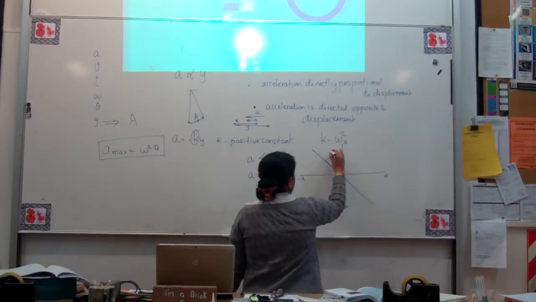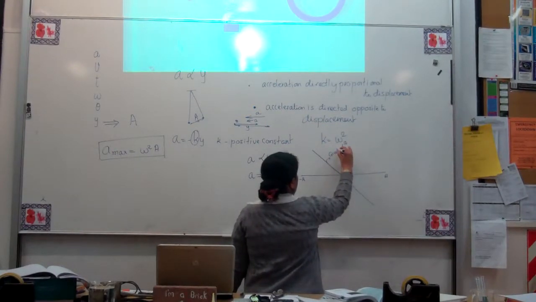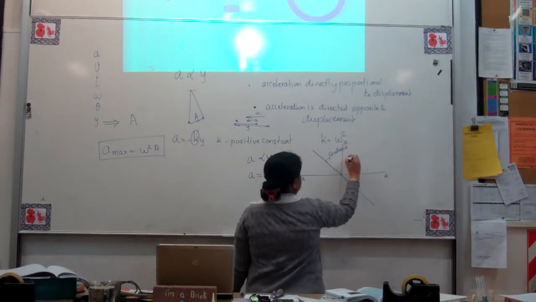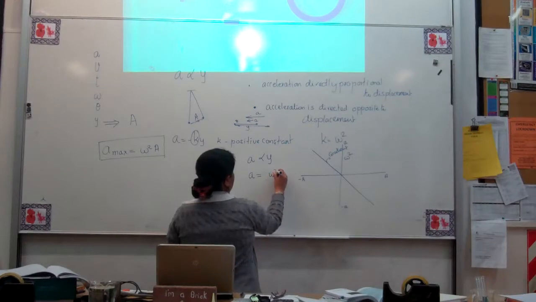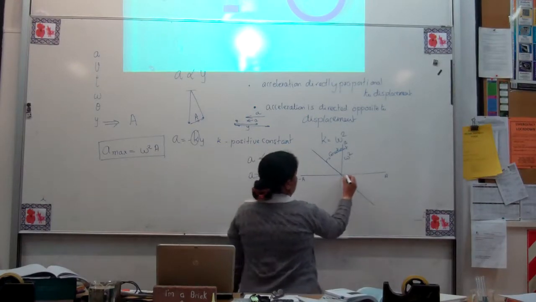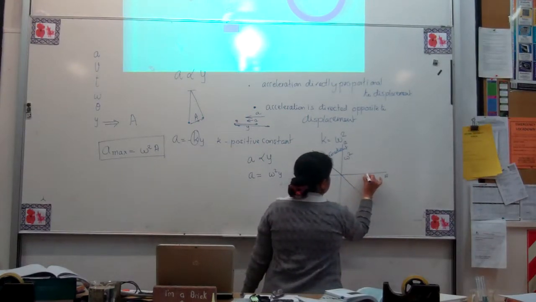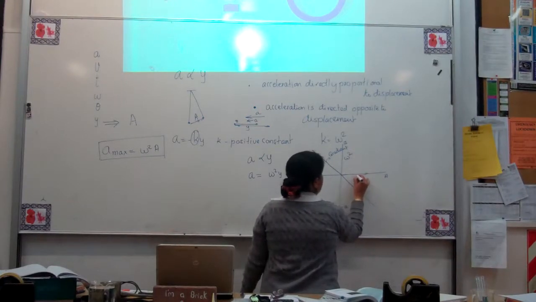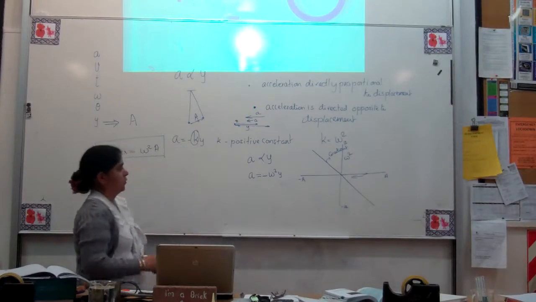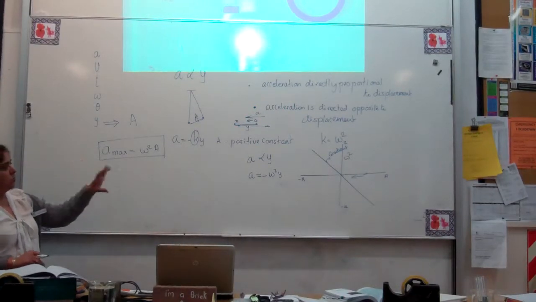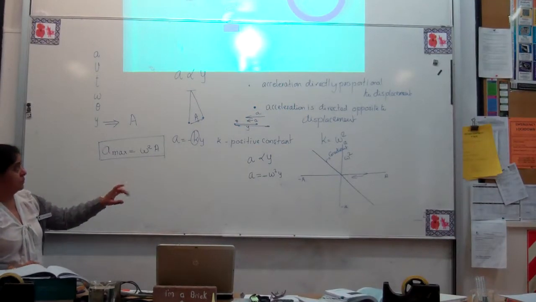The gradient of this line, and the gradient of this line is omega squared. Okay, now if displacement is going this way, acceleration is coming this way, that's what the negative sign is for.